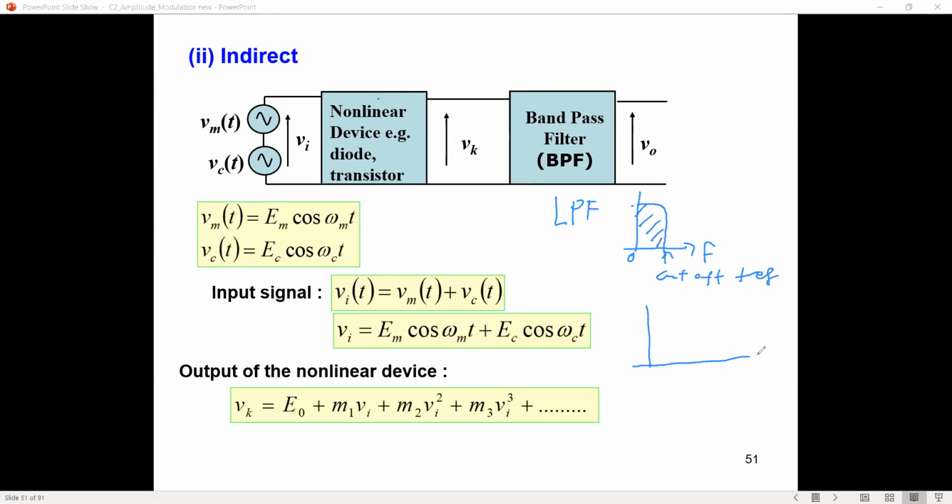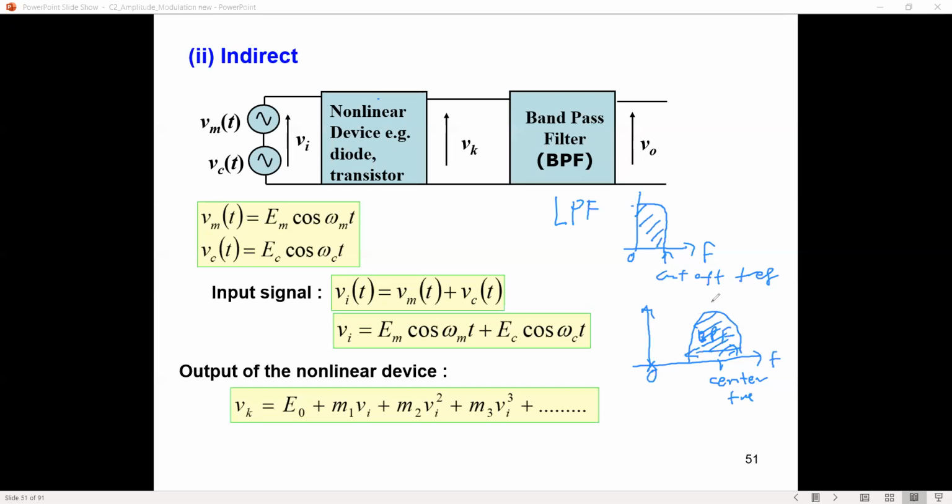But a band pass filter is like this. You have this one center or tune frequency, your center frequency. So this is the bandwidth of your band pass filter. For a band pass filter, this part will pass. The DC component, frequency 0, is here at f equal to 0, so it will not pass a band pass filter.